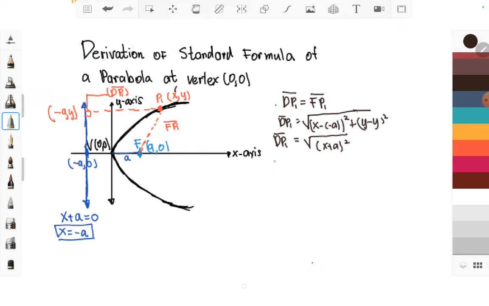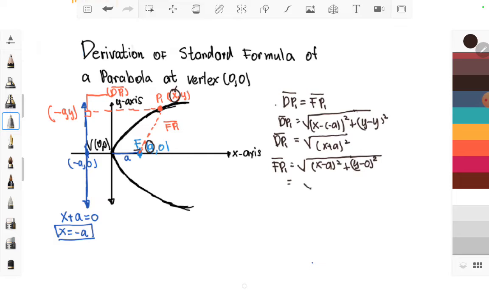Next, for my fp1, since fp1 is the distance from the focus to my point P, I will have the square root of (x minus a) squared plus (y minus 0) squared.